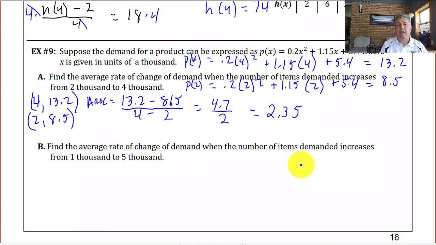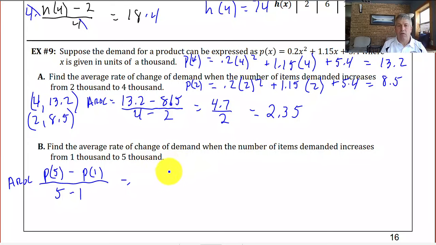Then it says, find the average rate of change in demand when the number of items demanded increases from 1,000 to 5,000. And we're going to repeat the process. P of 5 minus P of 1 all over 5 minus 1 is going to be our average rate of change. So P of 5, I have to put 5 into my function for x.